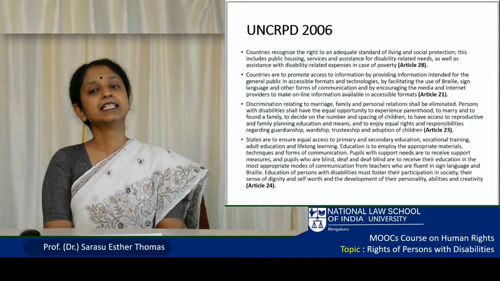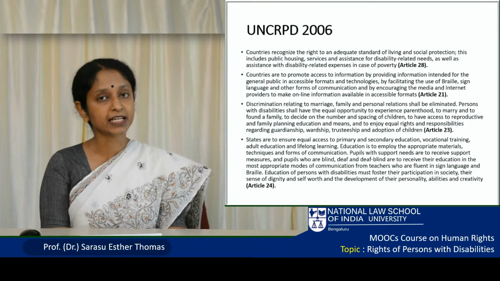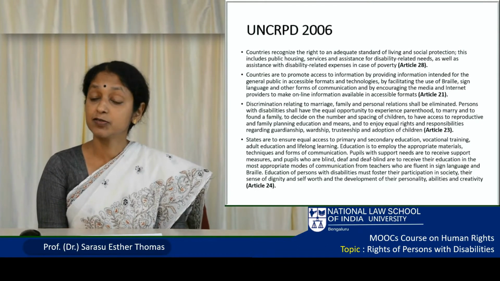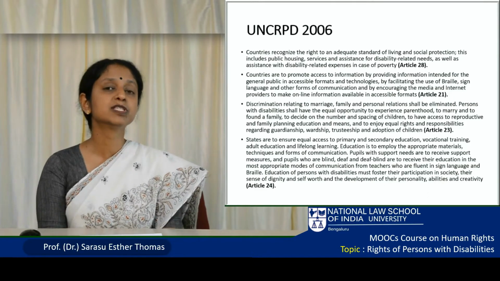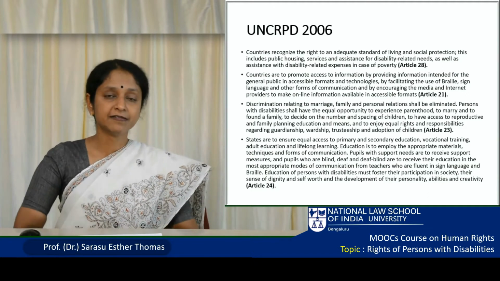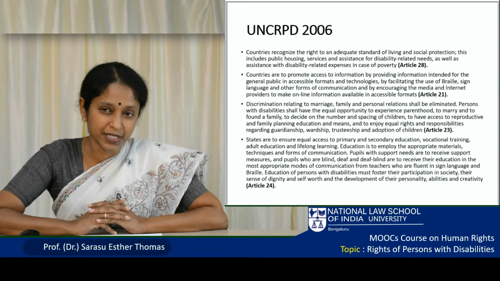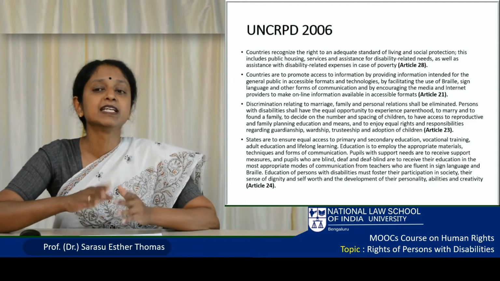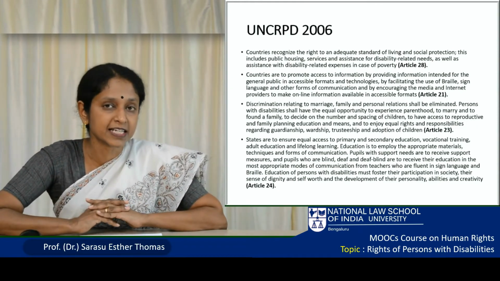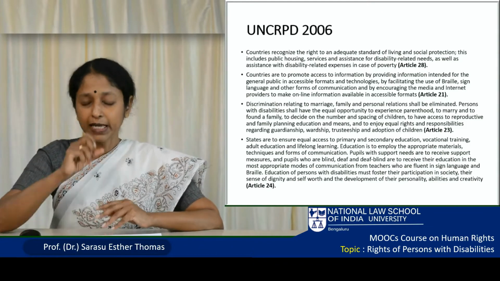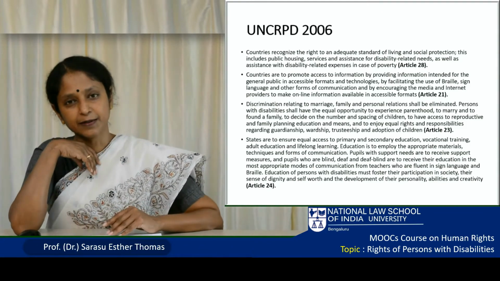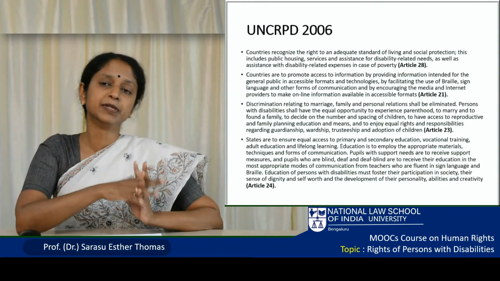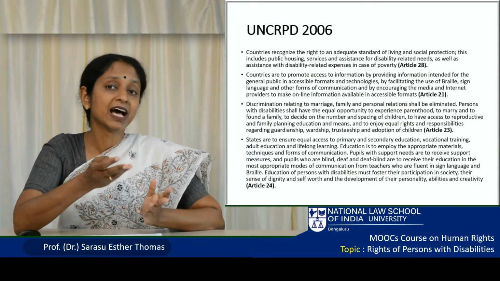Countries recognize the right to an adequate standard of living and social protection. So it includes public housing, service and assistance for disability-related needs, as well as assistance with disability-related expenses in cases of poverty. In India, this is a huge concern because the number of persons who are poor is very high.